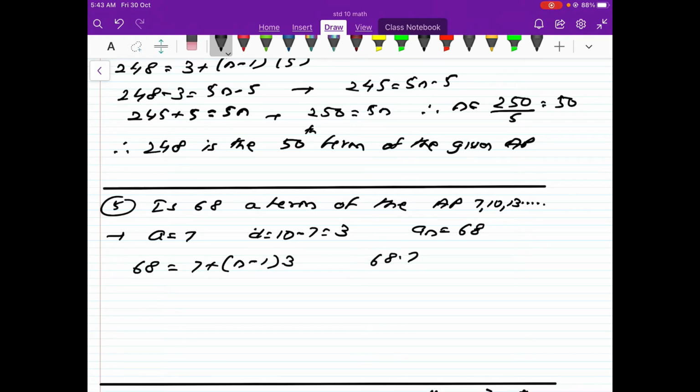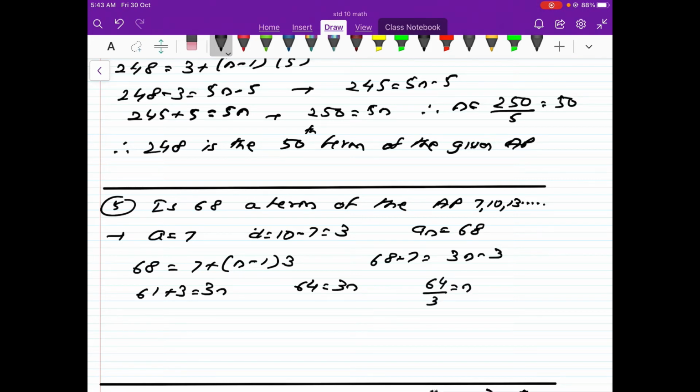So 68 minus 7 is equal to 3n minus 3. 68 minus 7 means 61, and minus 3 will come 64 is equal to 3n. 64 is equal to 3n. Yeah, so 64 upon 3 is equal to n.